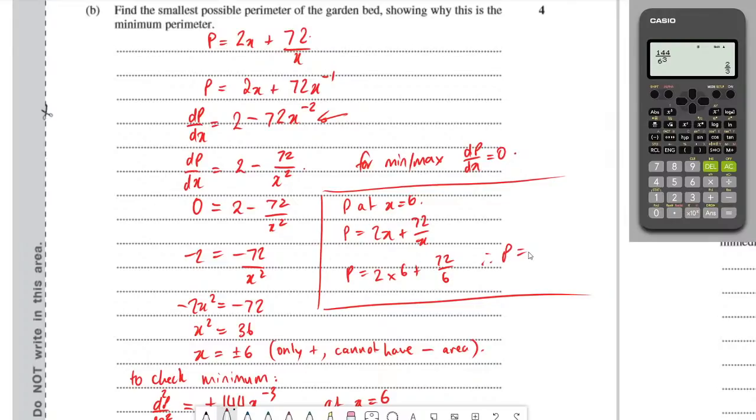So therefore my perimeter is going to be equal to 12 plus 72 on 6, which is 24 meters. It's just meters because it is a perimeter. It's a length, not an area.